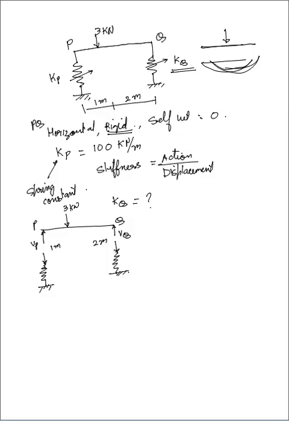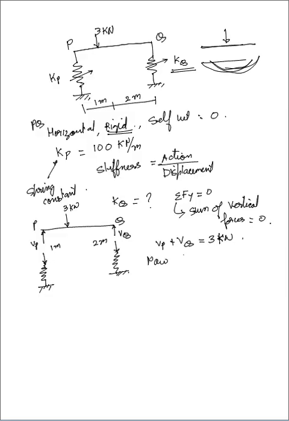Just by applying the equilibrium equations, sigma Fy is equal to 0, that means the sum of vertical forces is equal to 0. Vp plus Vq is equal to 3 kilonewton. Now moment at P is equal to 0.